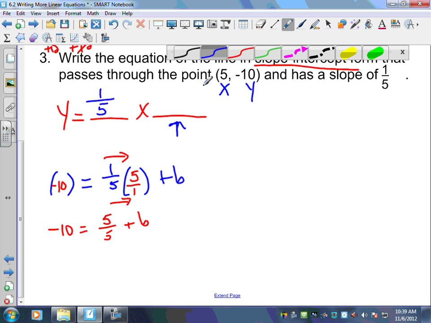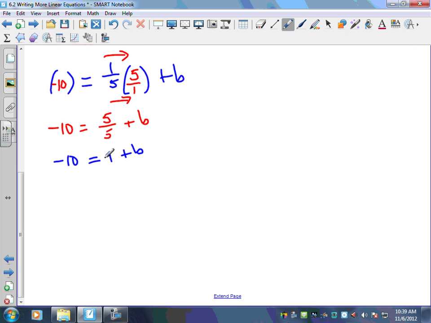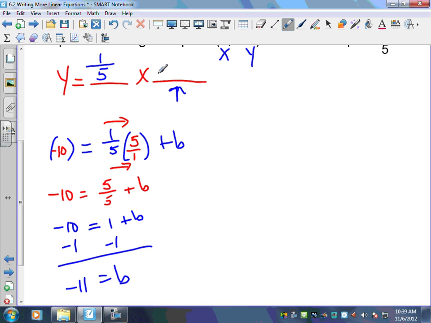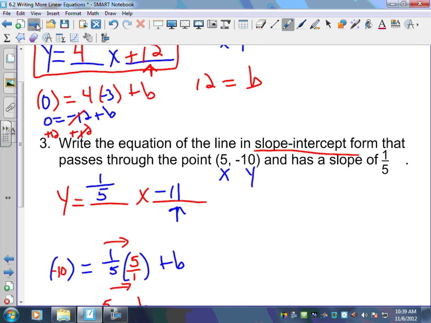Now, what's 5 over 5? That simplifies, right? Negative 10 equals 1 plus b. How do I get rid of the 1? I subtract 1 from both sides. Negative 11 equals b. So I come up here, and I have to put negative 11 in here. That is all we're doing, okay?